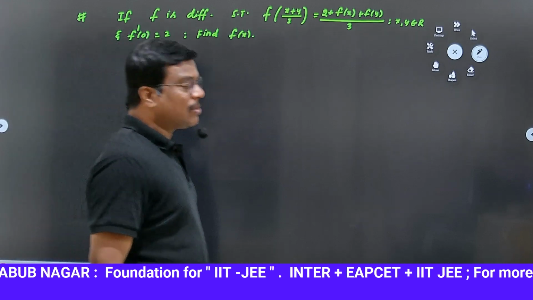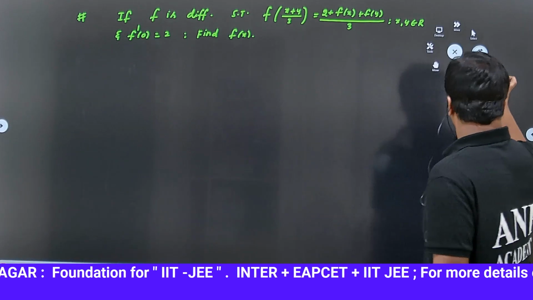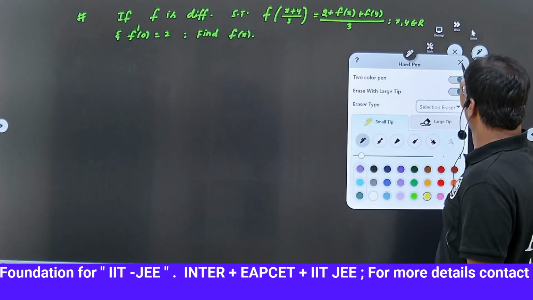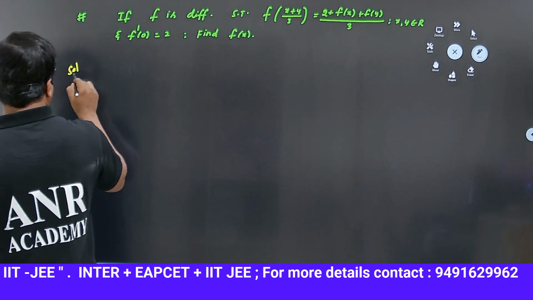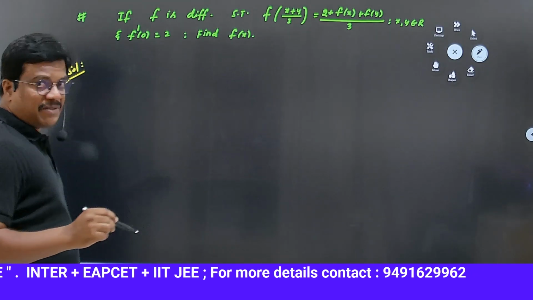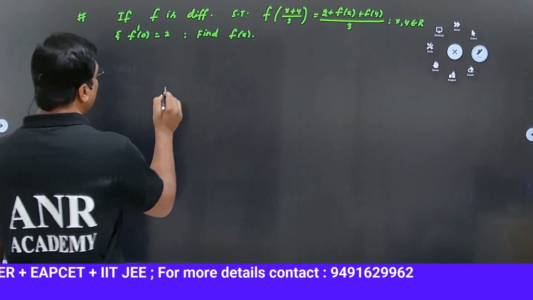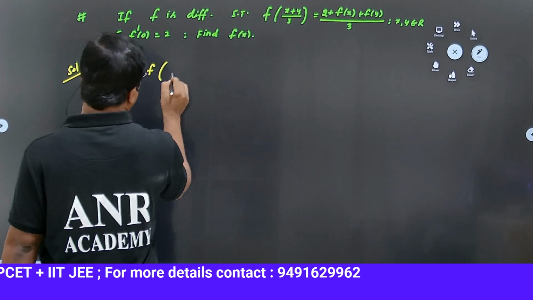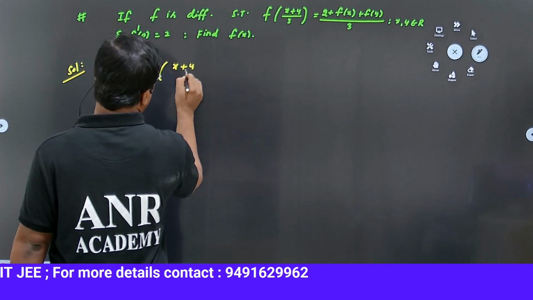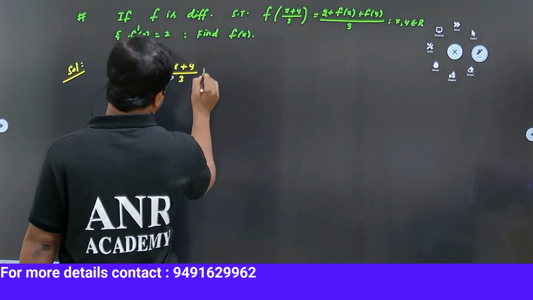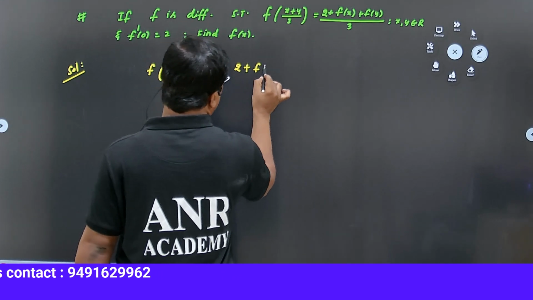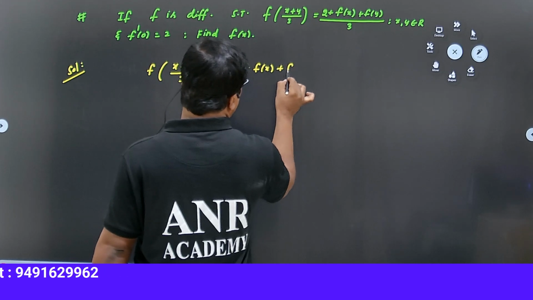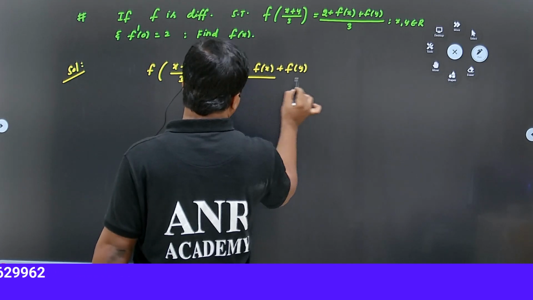See the solution for this. Again, by using partial differentiation without using first principle, you have f of (x plus y) divided by 3 as 2 plus f of x plus f of y whole divided by 3.